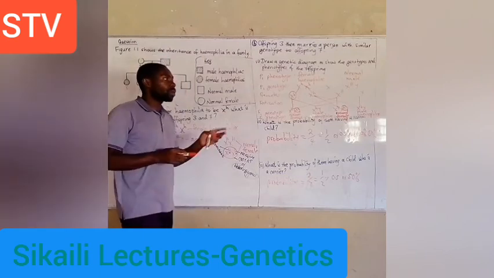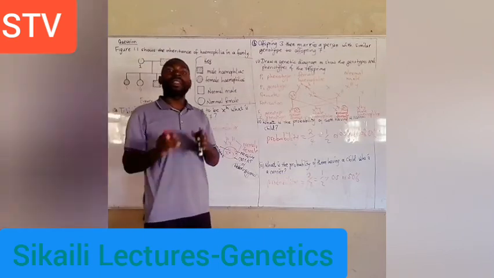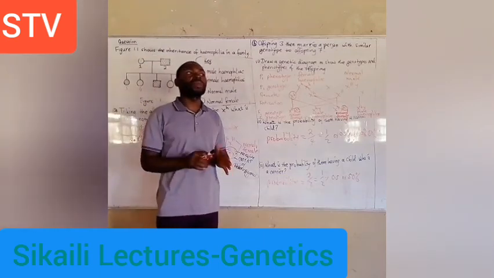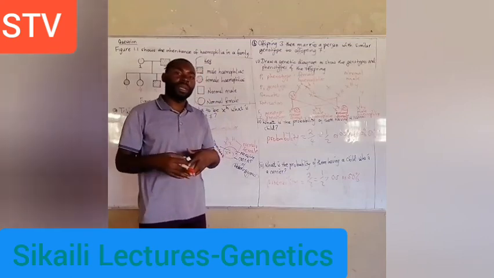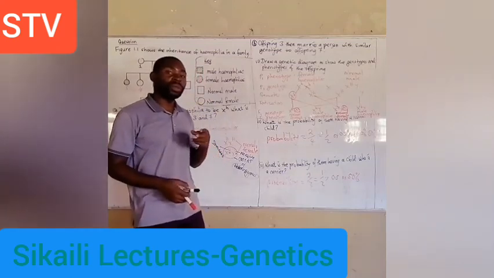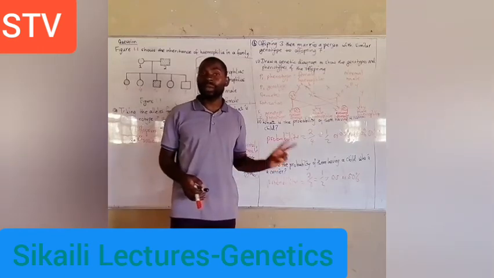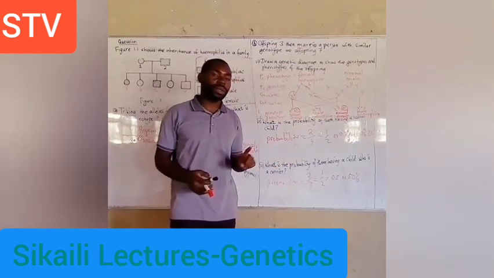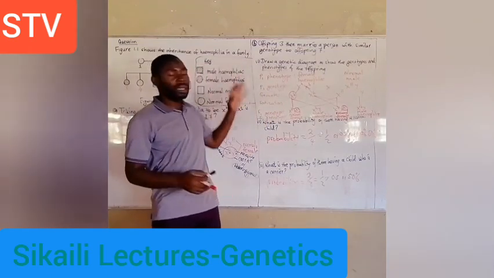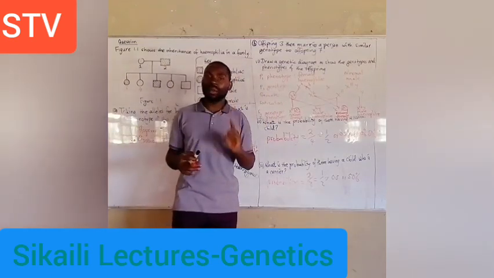Now, males are not carriers. They are attacked, and once they are attacked, it means that they're going to be infected. Why? Because they do not have a set of similar X chromosomes. They only have 1 X chromosome. And hemophilia is able to attack only the X chromosomes and not the Y chromosomes.